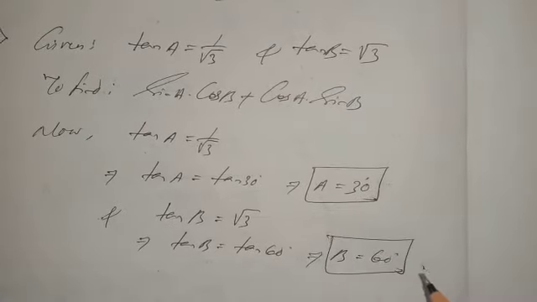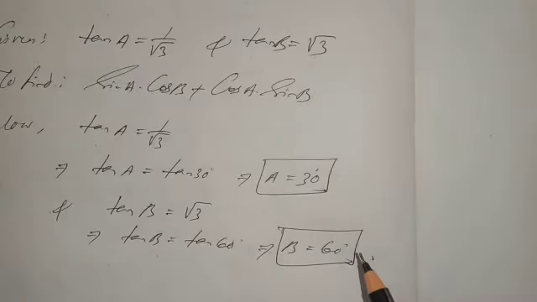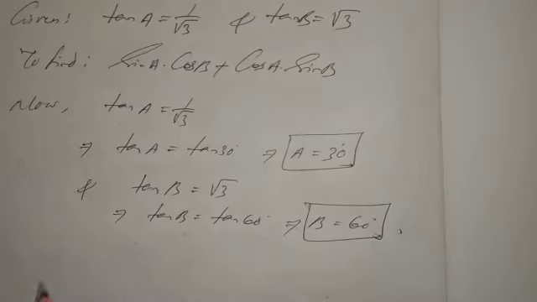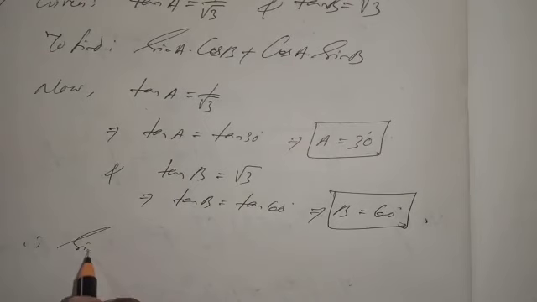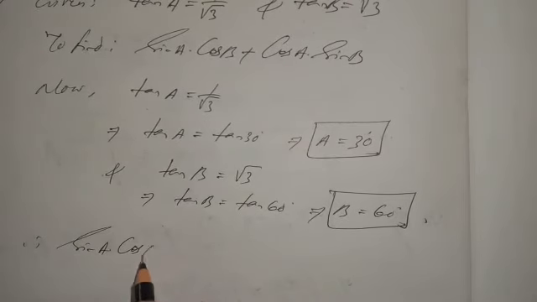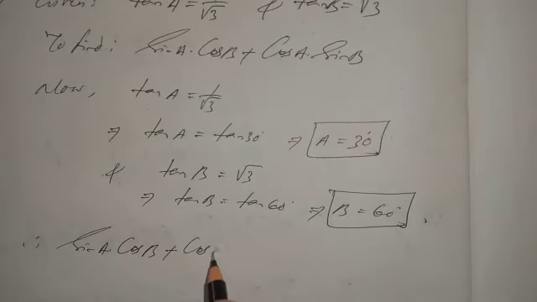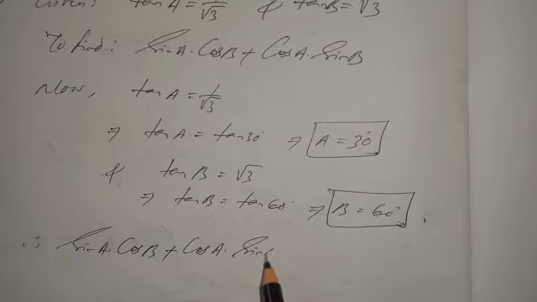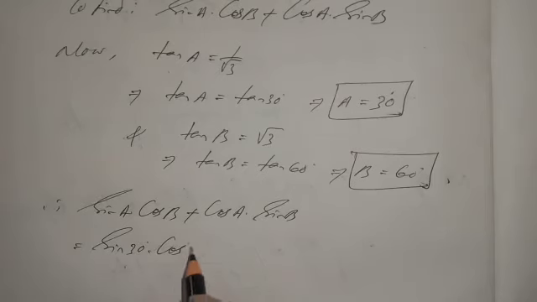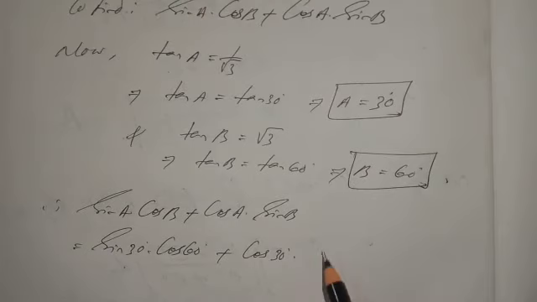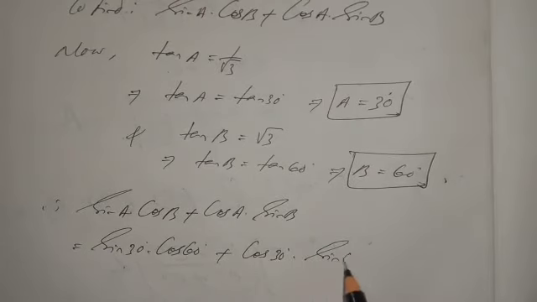After finding the value of A and B, then put them there. Therefore, you have to find out sin A into cos B plus cos A into sin B. That is sin 30 into cos 60 degree plus cos 30 into sin 60.